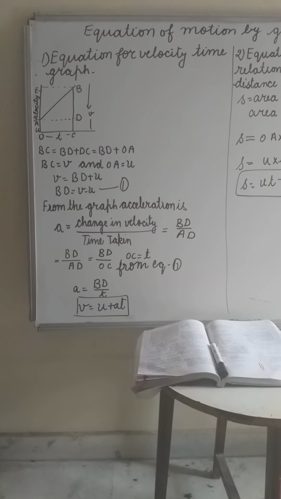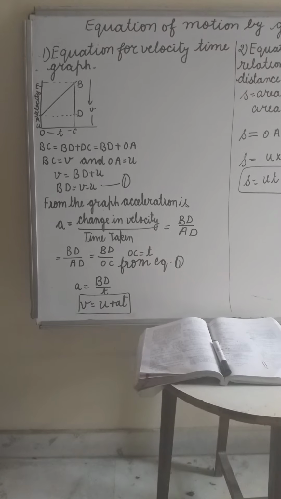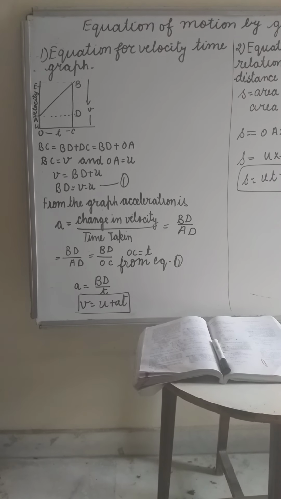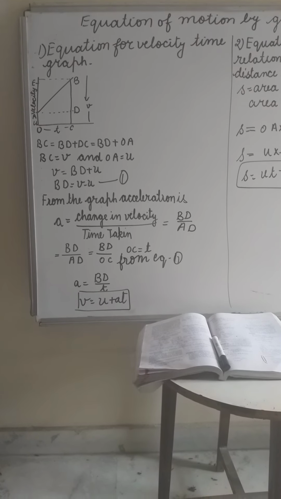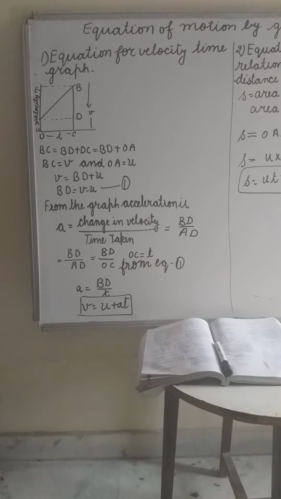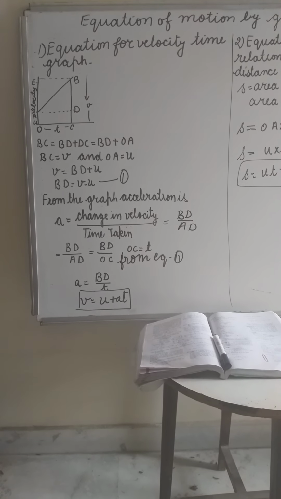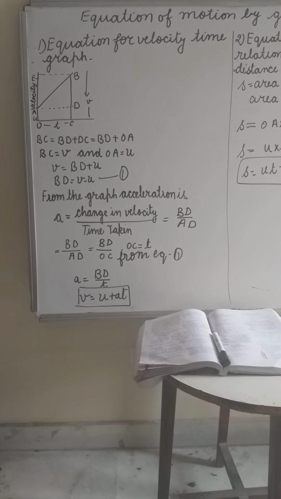You can see I have written AO is equal to U. So we can write U instead of OA. So what is BD? BD is equal to V minus U.